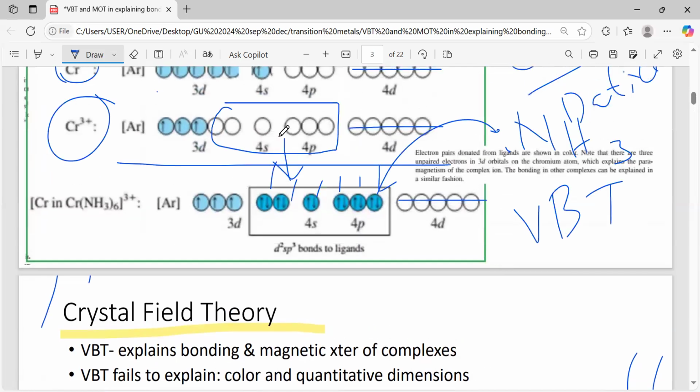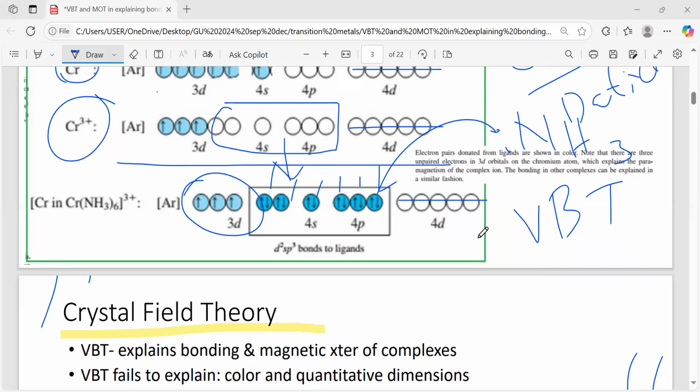So we can clearly say that this complex is paramagnetic. Why? Because of the unpaired electrons. And when I started, I said clearly that experimentally, this complex has been found to be paramagnetic. So it is not news, it is the truth experimentally as well as theoretically.